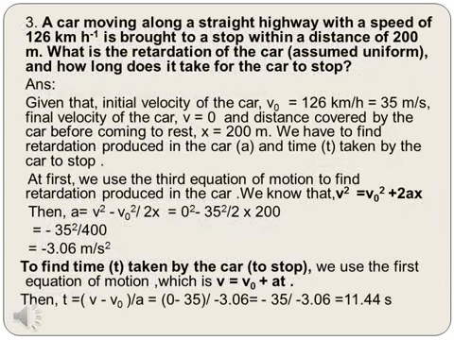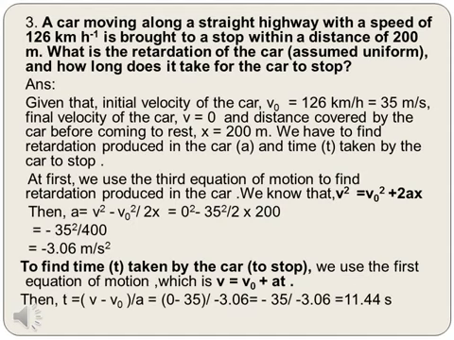And third question is, a car moving along a straight highway with a speed of 126 km per hour is brought to a stop within a distance of 200 meters. What is the retardation of the car and how long does it take for the car to stop? Assume that the car has uniform retardation.